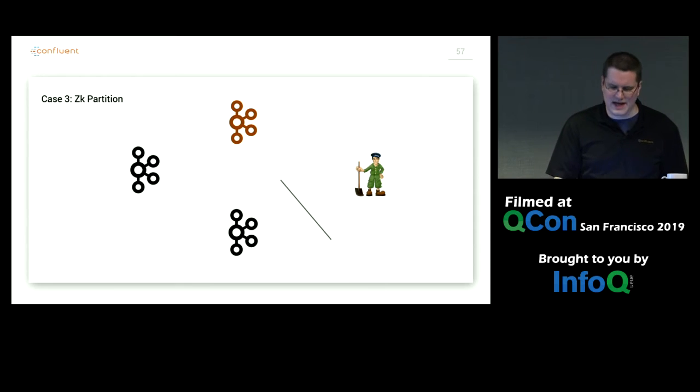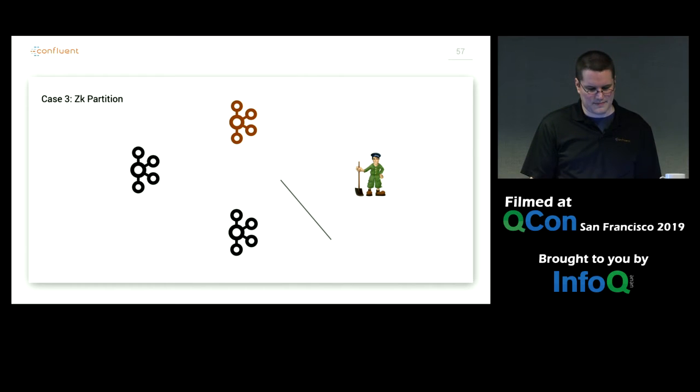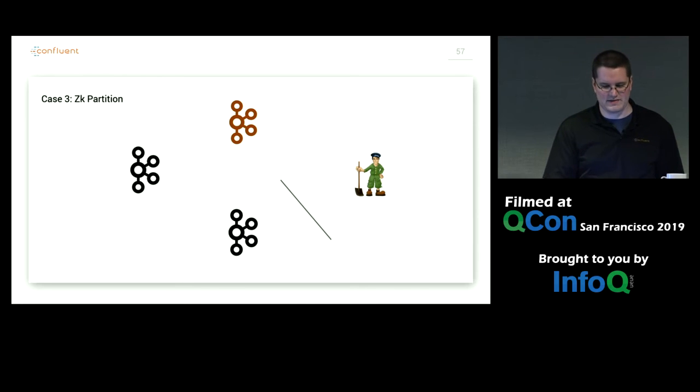And then, the case which is most interesting for this talk is when you're partitioned from Zookeeper. Well, I guess there's two cases that are most interesting for this talk, but this is one of them. This case is interesting because you will not be regarded as part of the cluster, and yet nodes can maybe continue talking to you, which creates a bit of an uncomfortable situation.